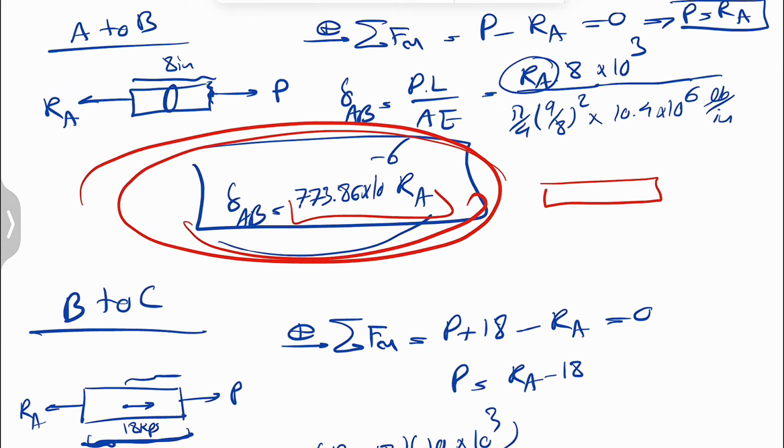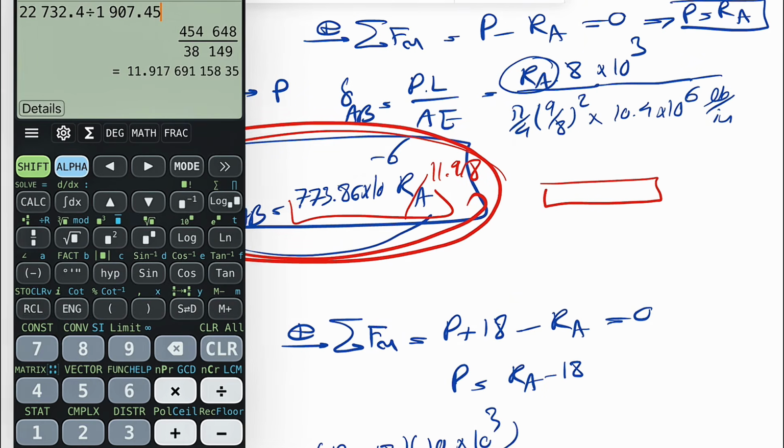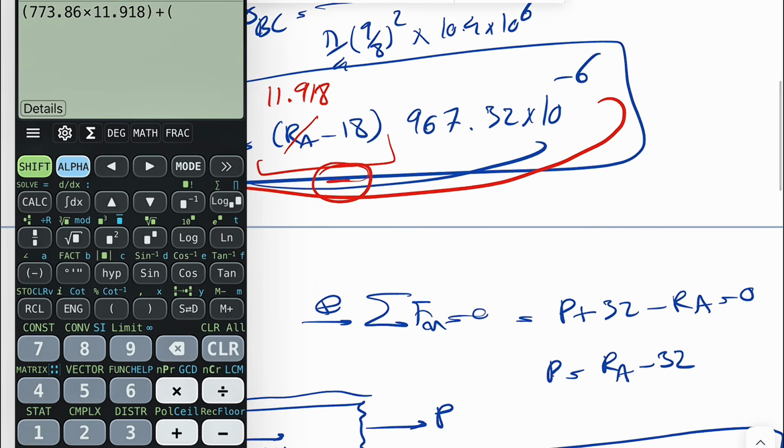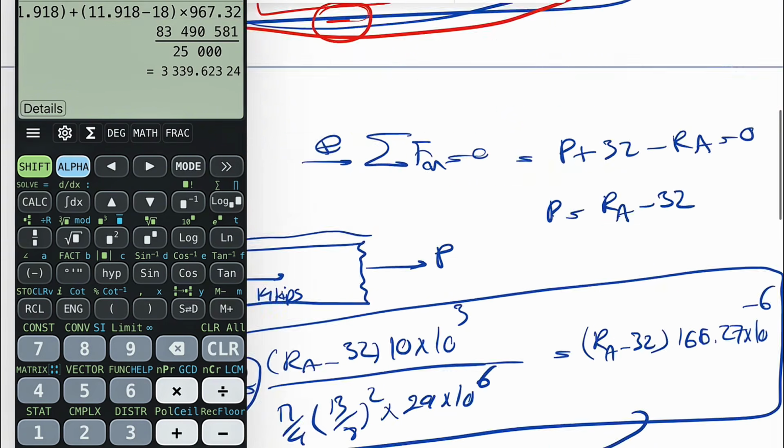For this amount of value, we just have to again put 11.918. So let's see what we get. So basically 773.86 times 11.918, plus here we have (11.918 minus 18) times 967.32.